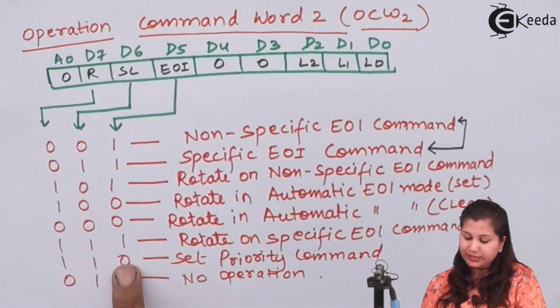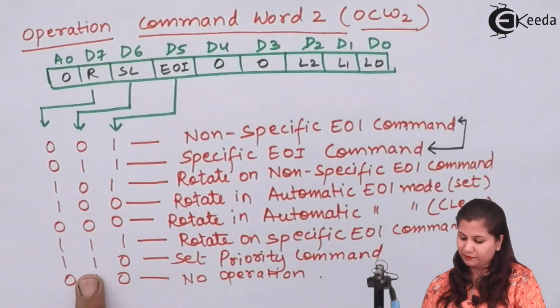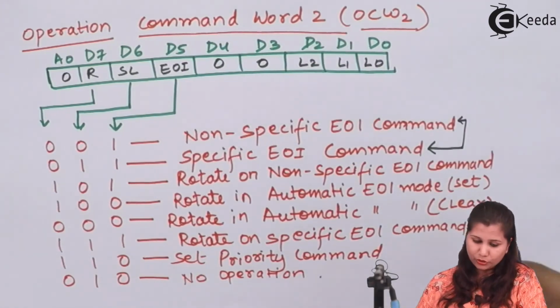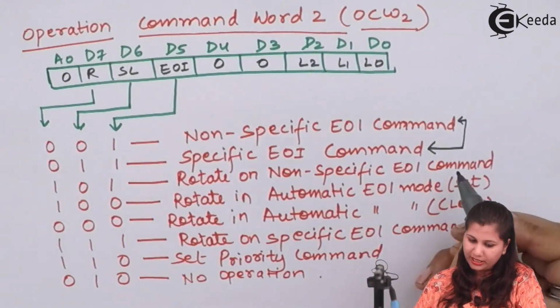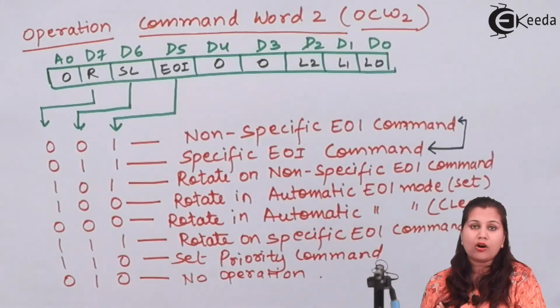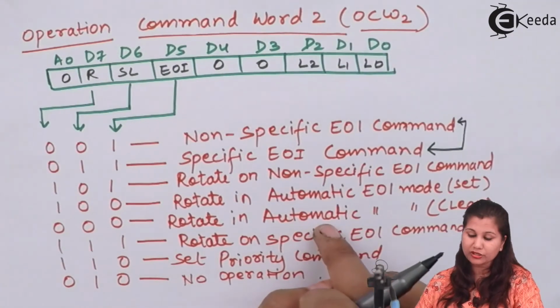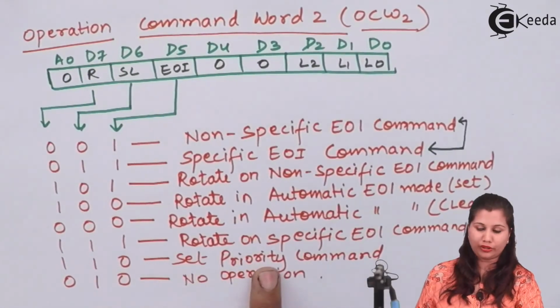Then we have this 0 and these two 1, meaning rotate and specific. So this is the set priority command. We can say that these two are for the specific rotation and these three are for the automatic rotation. So this is automatic rotation and this is specific rotation.